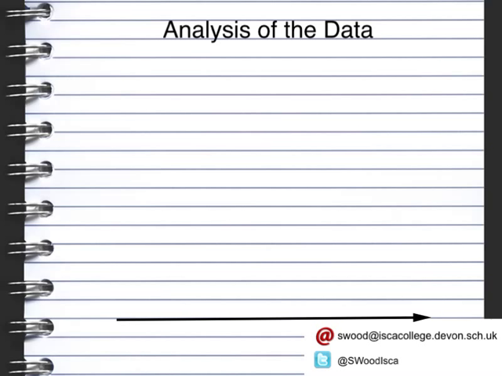On the x-axis is something we have controlled, and we have controlled the time, and we've done that in seconds. On the y-axis, we've measured the volume of gas, and we've done that in centimetres cubed.